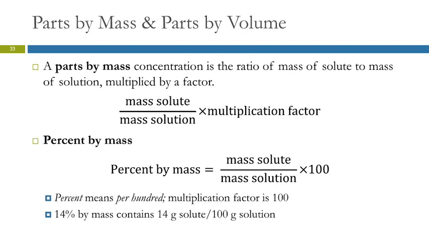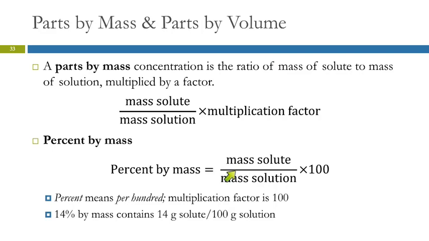Parts by mass and parts by volume are similar to each other. Parts by mass is the ratio of the mass of the solute to the mass of the solution, and then you're going to multiply by a factor. So percent by mass would be mass of solute divided by mass of solution times 100. Percent is per 100, so you multiply by 100 to get the percent.